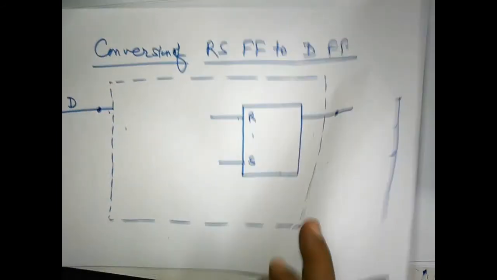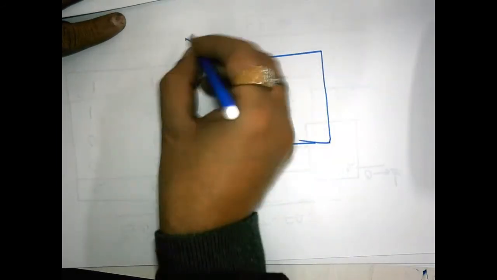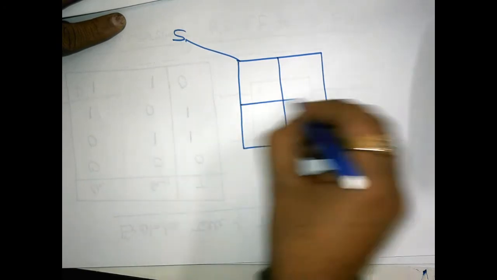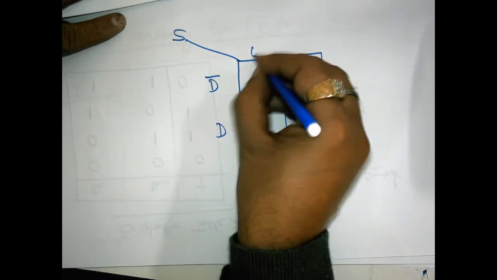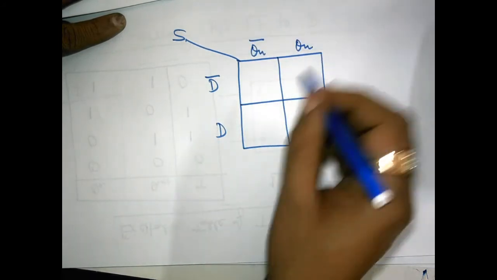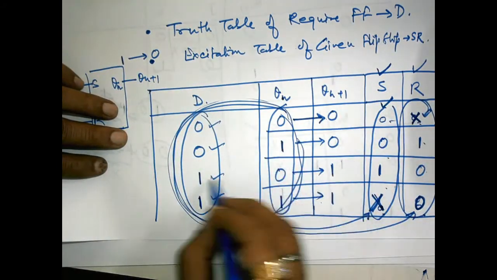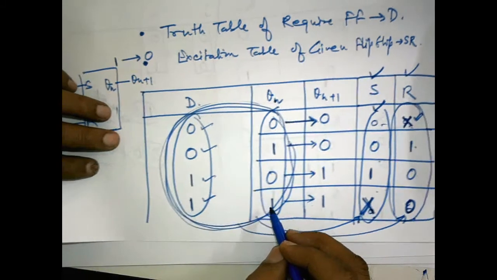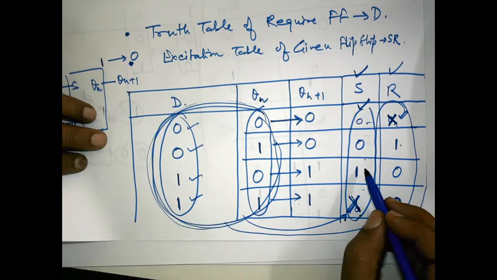Let us proceed. For S we have D bar and D, and we have Qn bar and Qn. So you see, these are the min terms 0 0, 0 1, 1 0 and 1 1. There should be 1 at 1 0, meaning D equal to 1 and Qn bar.